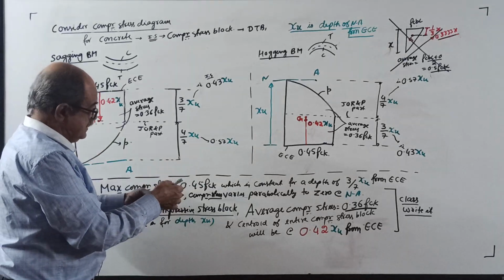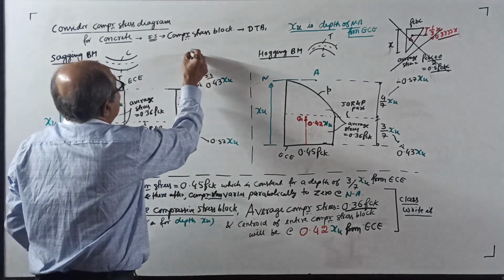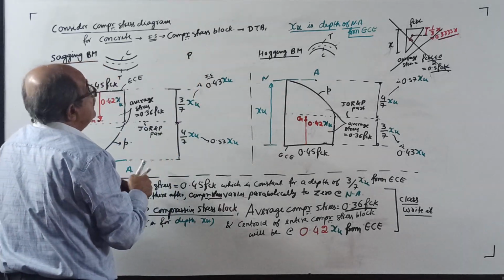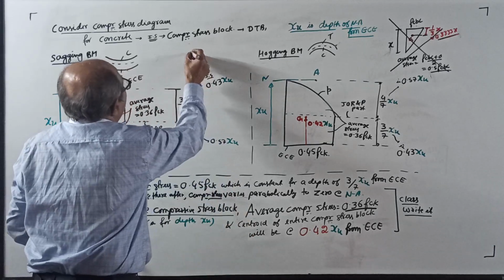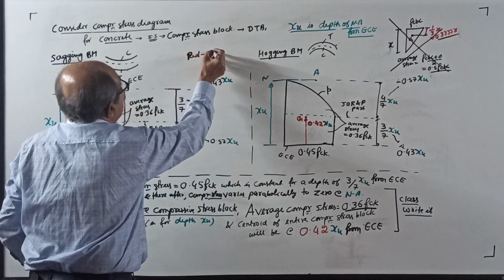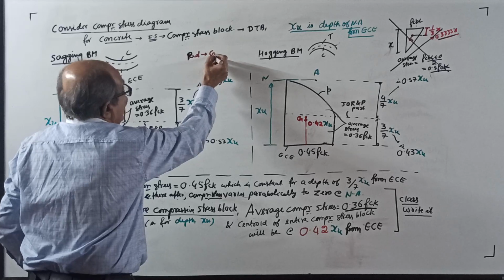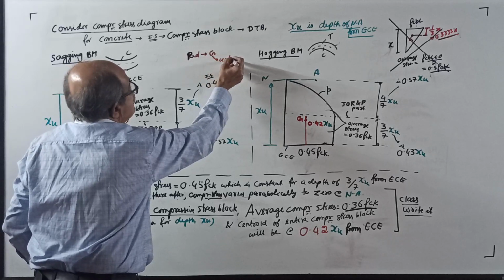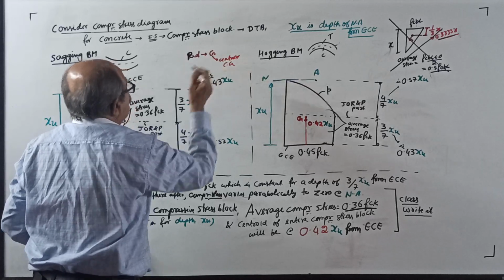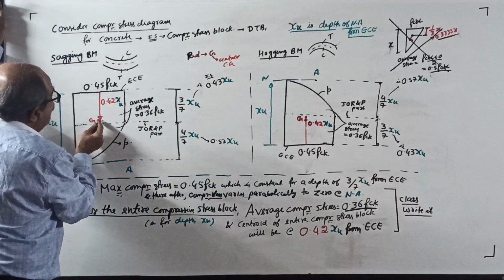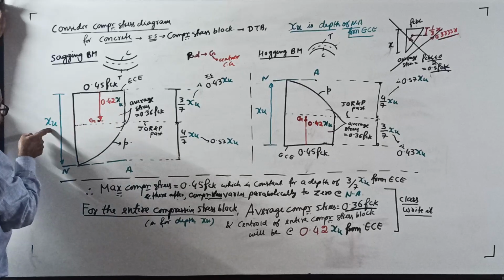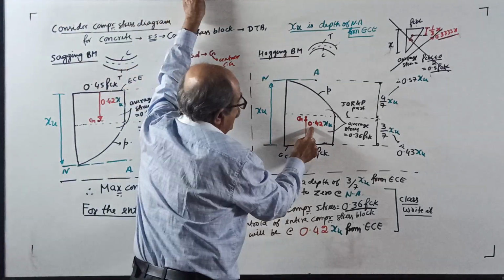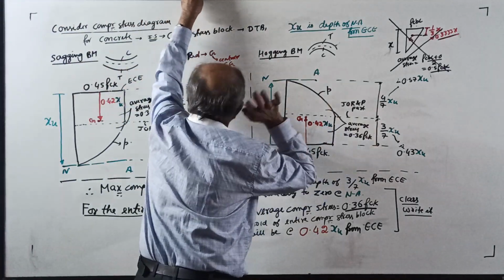In today's explanation, I used red color for CG, red color for centroid G. Either you call it centroid or sometimes I call it CG. Both are the same. But important, it is not 0.333, it is 0.42 times XU. Here also, 0.42 times XU.